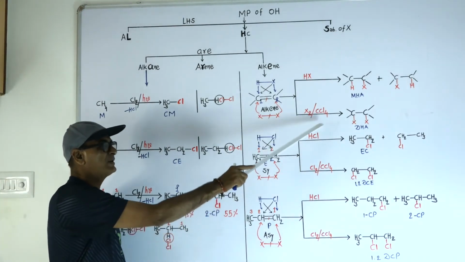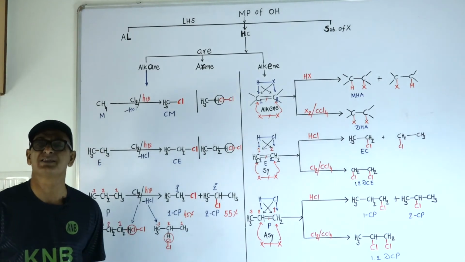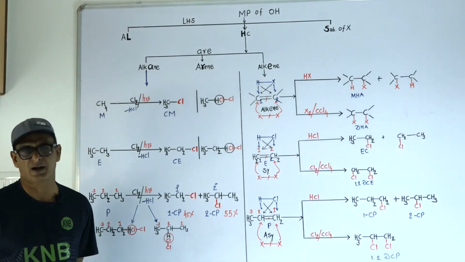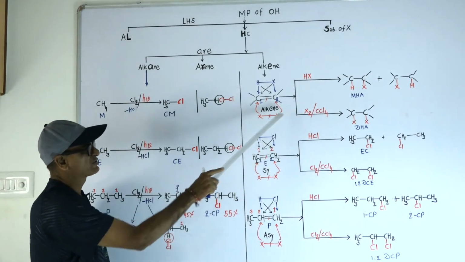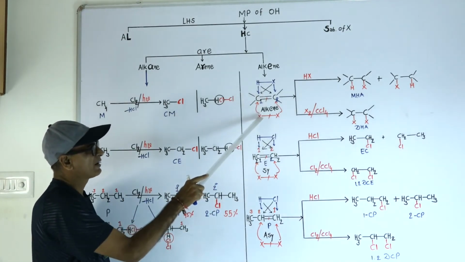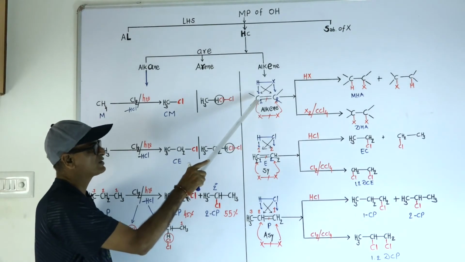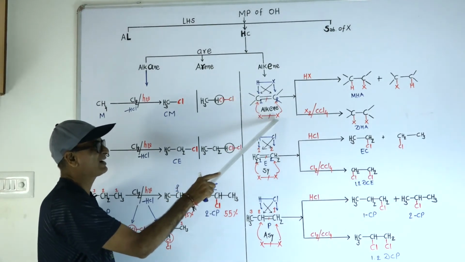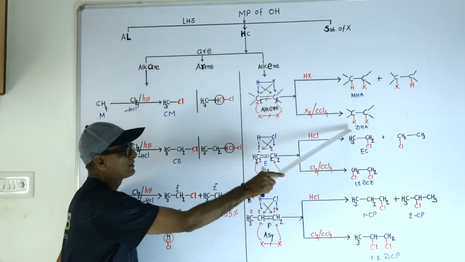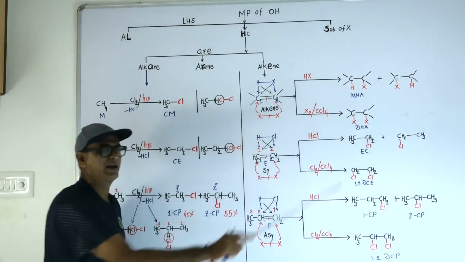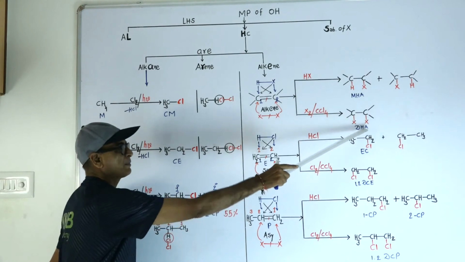This reaction is always carried out in presence of CCl4, carbon tetrachloride. Now you see, with X2 the pi bond will break, one halogen will attach with C1 and the second halogen will attach with C2. The dihaloalkane will be our main product.